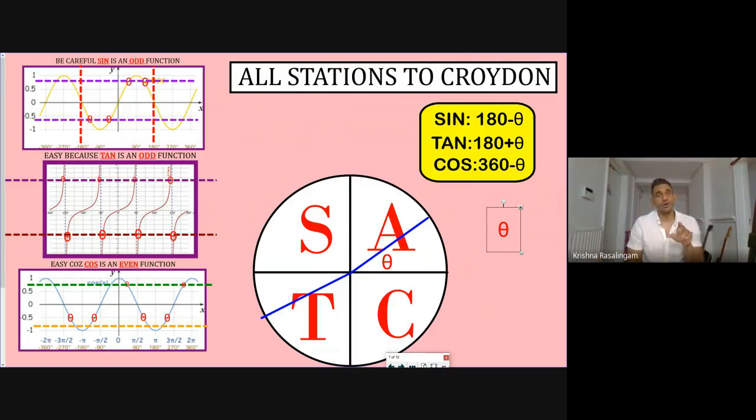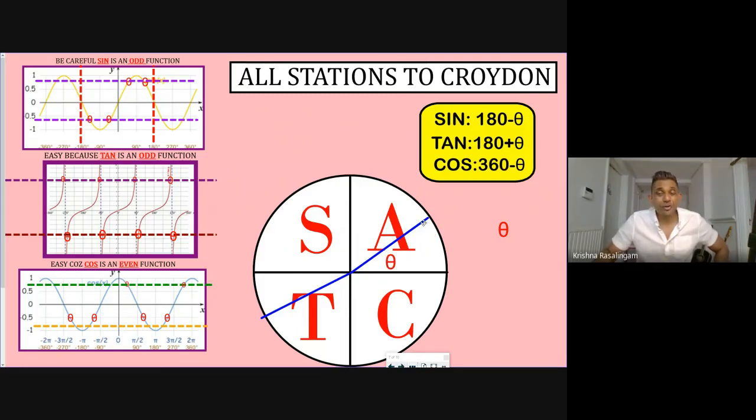From video 1, the graphs on the left of the screen are periodic for those amounts in yellow. Periodic means they'll repeat. Sine repeats every 180 minus theta, tan repeats every 180 plus theta, and cos repeats every 360 minus theta. So first, I put a theta in here.